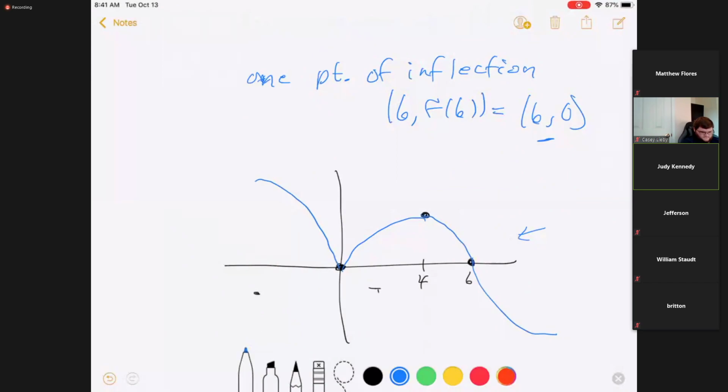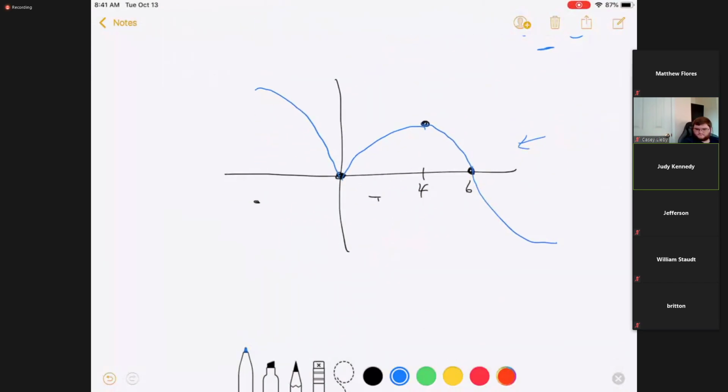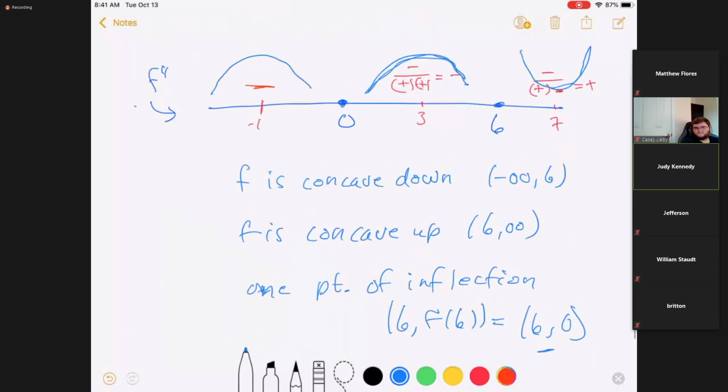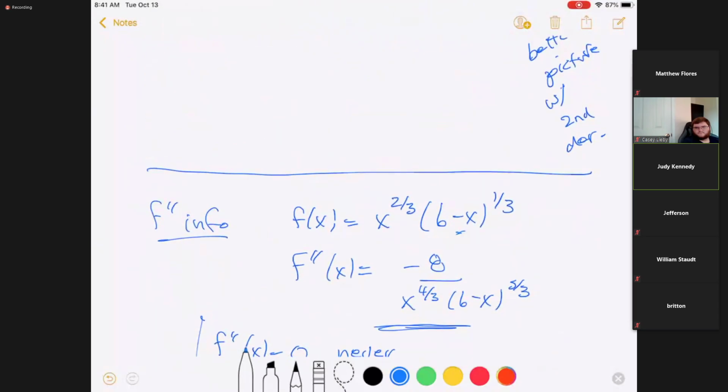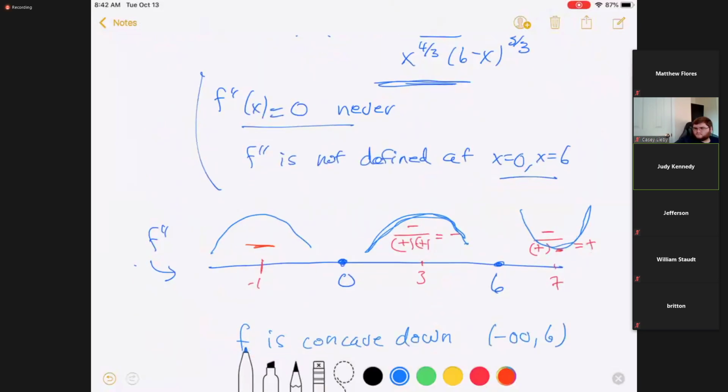Any questions? This one, there was a lot of work involved, not just getting your first and second derivatives, but getting them into a nice form so you could find all the critical numbers and get a really nice sketch of the graph.